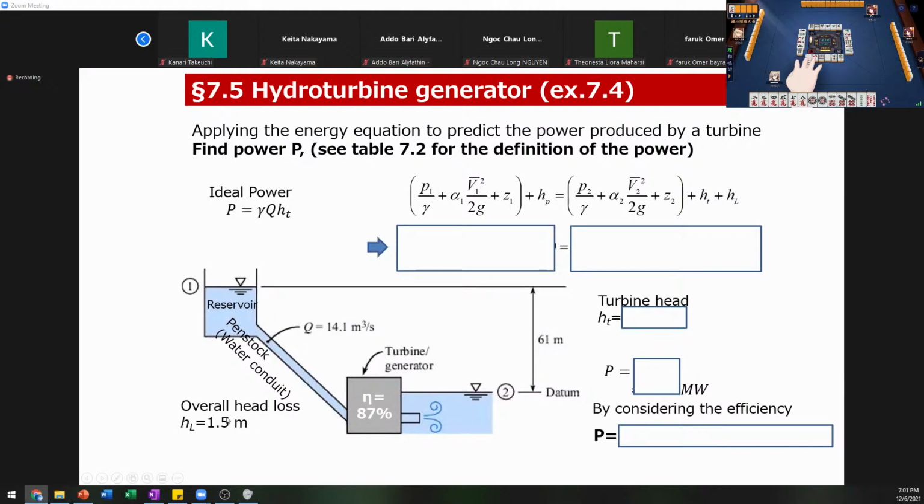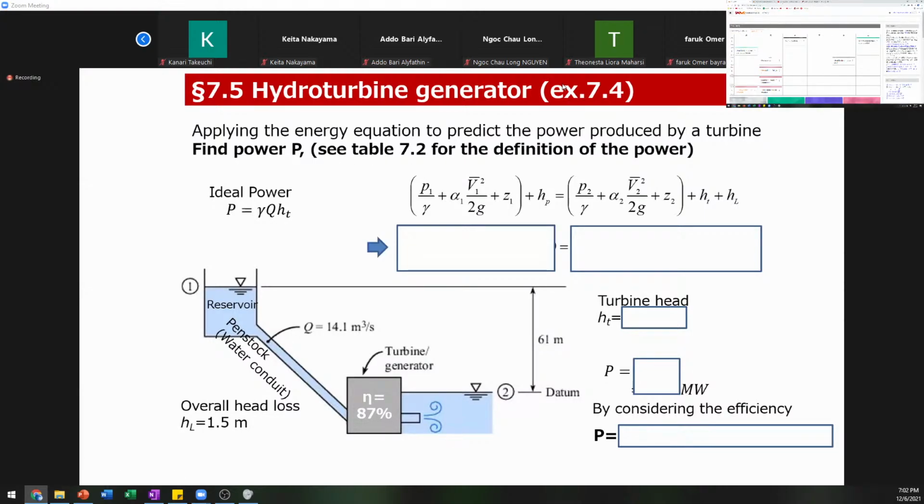Okay, and overall head loss HL of 1.5 meters, and the volume flow rate is 14.1. The height is 61 meters. And the ideal power is defined as gamma Q HT, where HT is the turbine head. So try to find power P. That's the question. I give you 5 minutes, maybe 5 to 10 minutes.